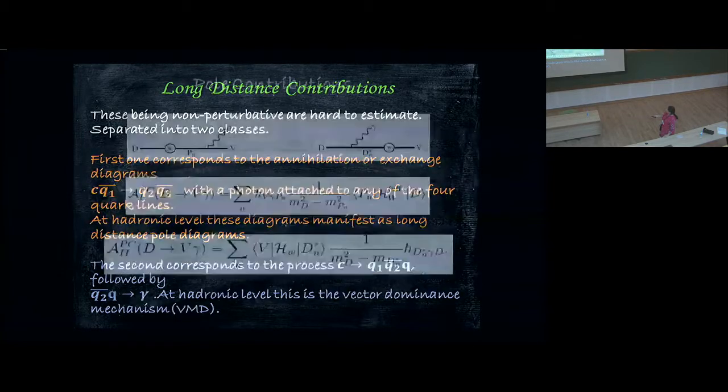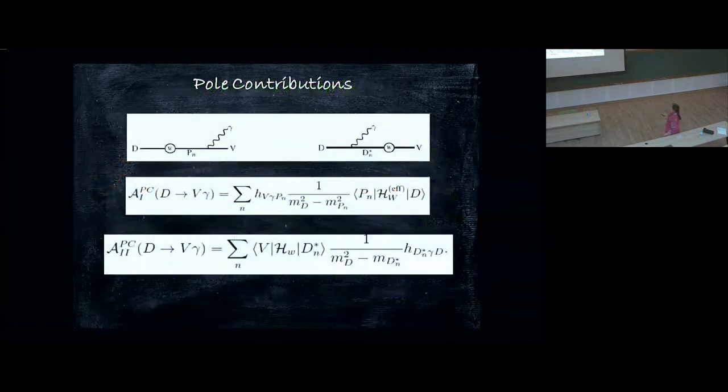So as I said, these pole contributions are basically coming from annihilation diagrams. I have the D, the quark anti-quark annihilating, and I go into some intermediate state, some pseudoscalar meson.